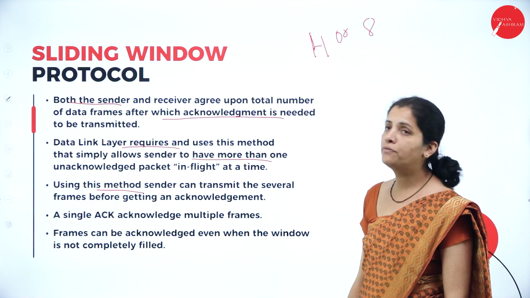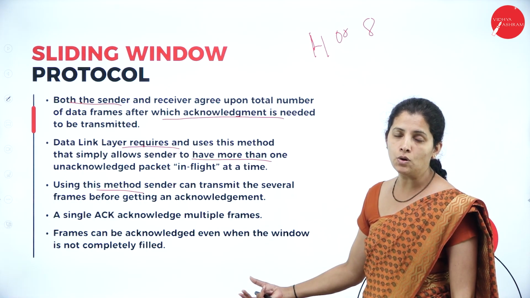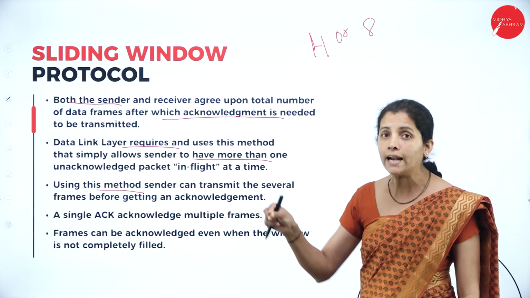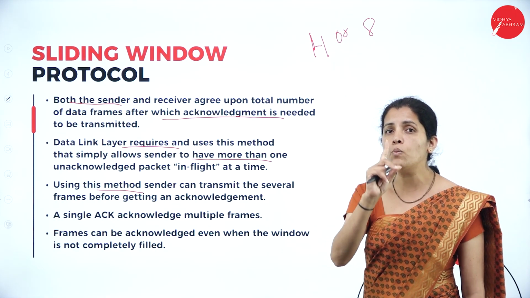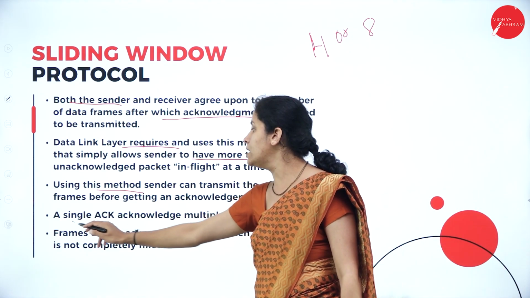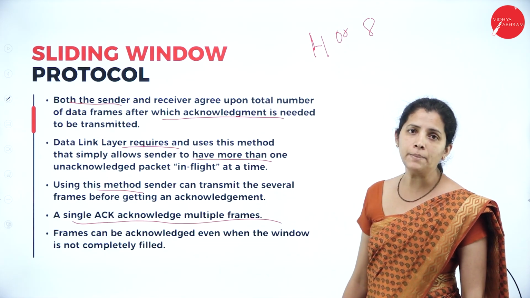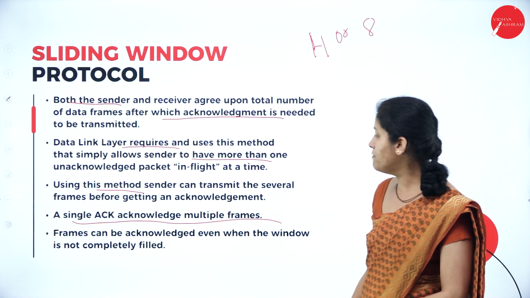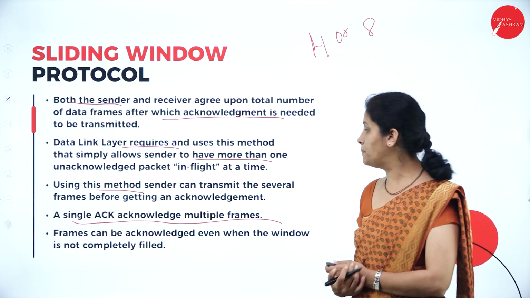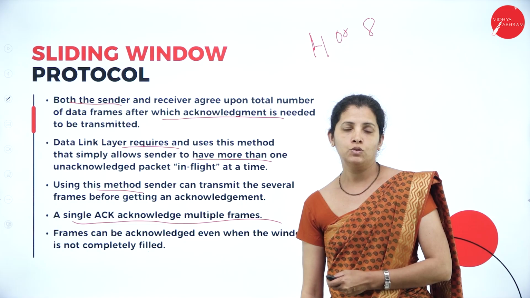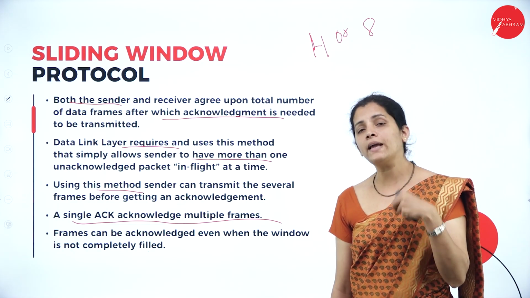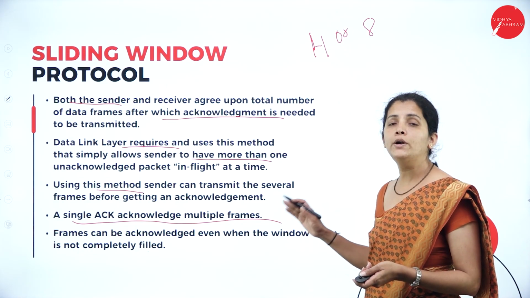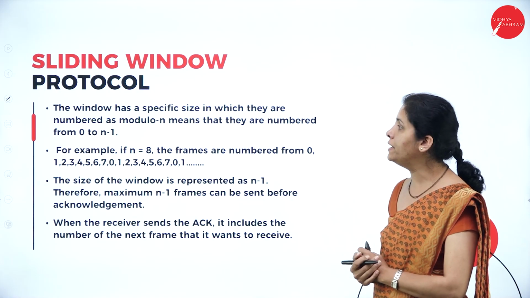A single acknowledgement serves multiple frames: if the sender sends 3 or 4 frames together, I receive only one acknowledgement for them. A frame can be acknowledged even when the window is not completely filled.